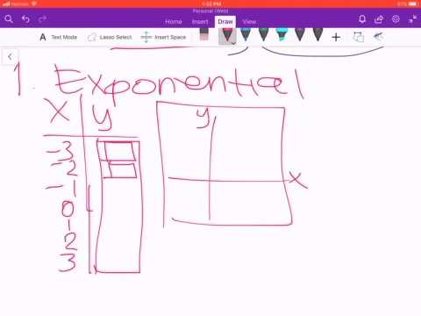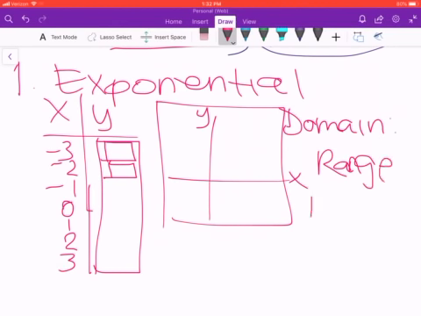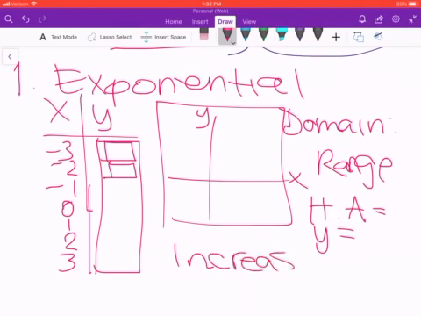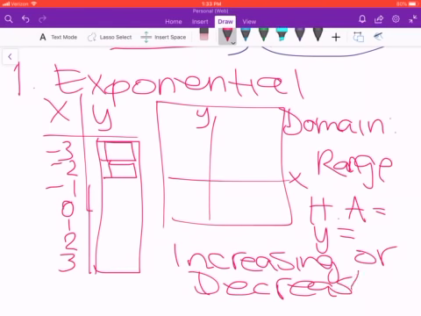Then you have to come up with the graph and also answer questions such as: what is the domain, what is the range, what is the horizontal asymptote of the function, and is the function increasing or decreasing? I would suggest that you look at your notes and the examples of graphing functions that we did in class.